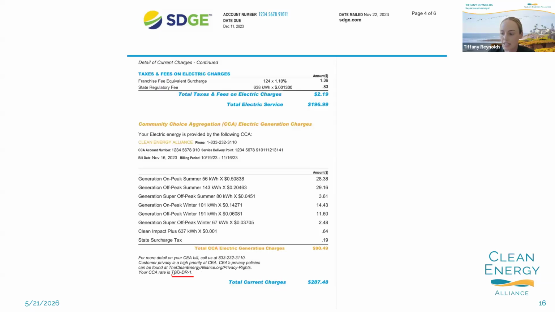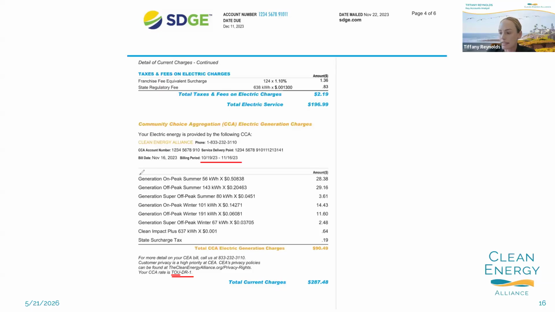So again, here's that TOU we were just talking about, comes up all the time. So on this sample bill, this person is being charged based on when they use electricity. So you can see the TOU is here at the bottom. You'll also see the time period for which this bill occurs, and that's going to be from October to November.